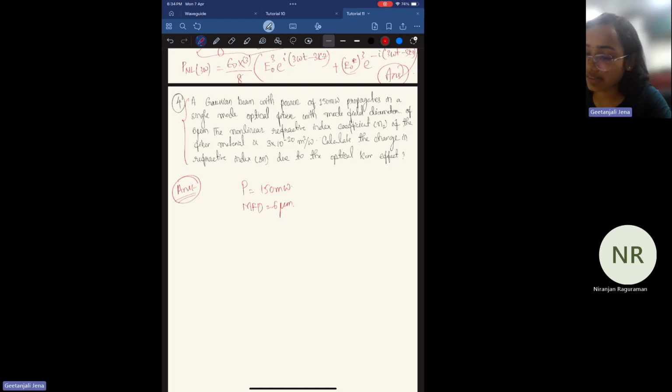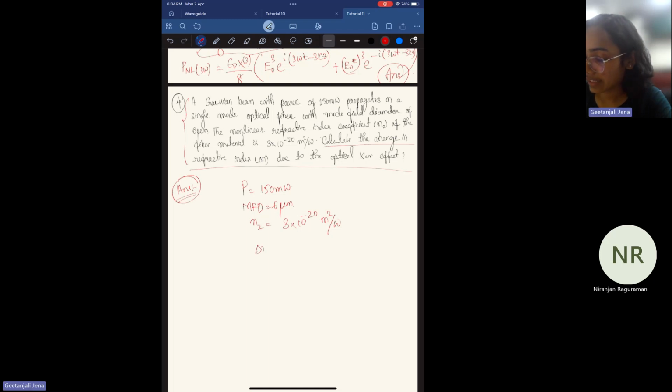The nonlinear refractive index coefficient n2 of this fiber material is 3 into 10 to the minus 20 meters squared per watt. The question asks to calculate the change in refractive index due to the optical Kerr effect.